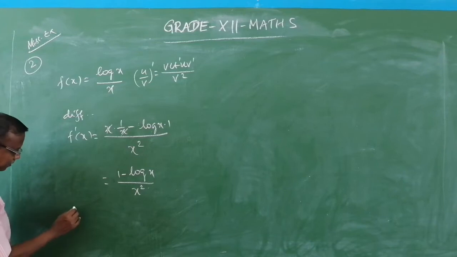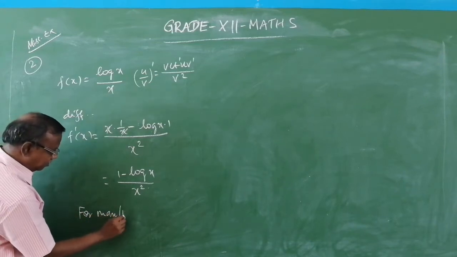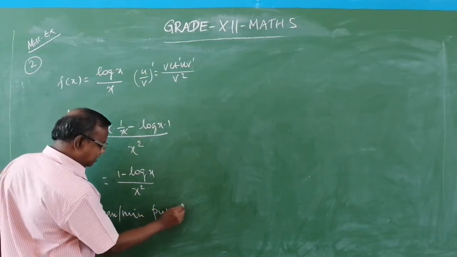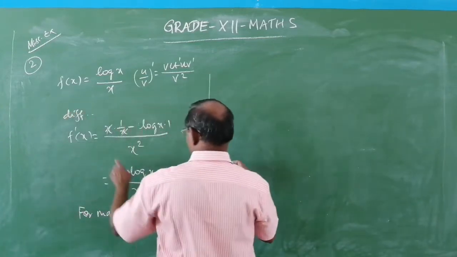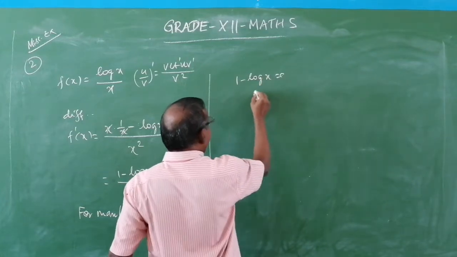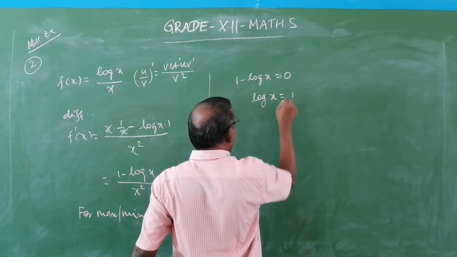For maximum or minimum we have to put f dash of x equal to 0. So the numerator 1 minus log x equal to 0, or log x equal to 1, that is base e.